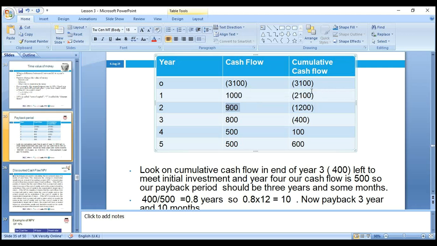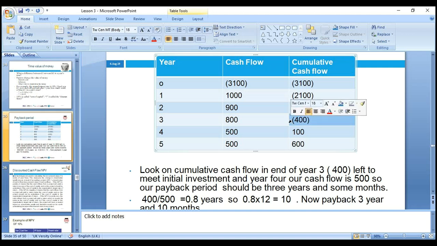Then in year 2, I'm getting £900 back, and I was outstanding 2,100, so still 1,200 left, yes? In year 3, I'm getting £800 back, and it was outstanding 1,200. So at the end of 3 years, I still have £400 outstanding.